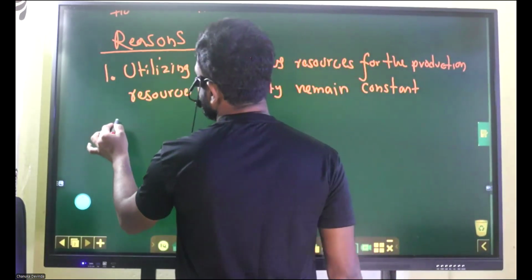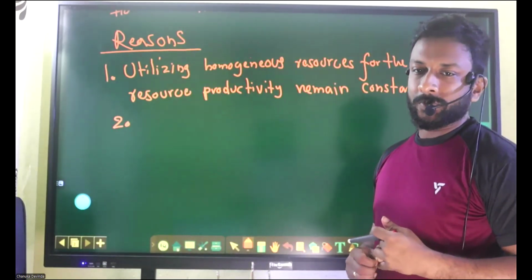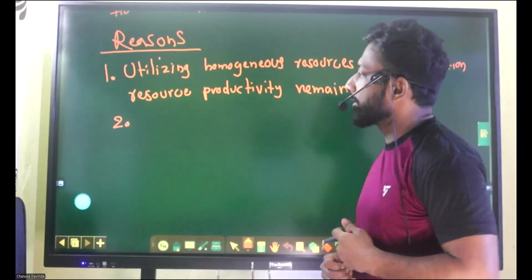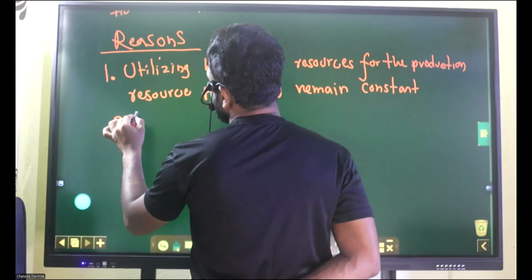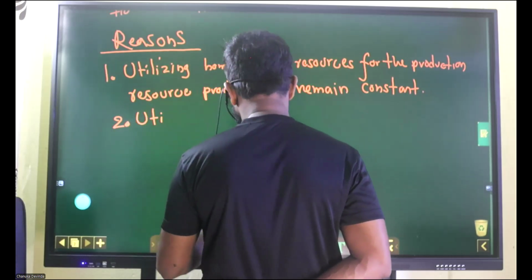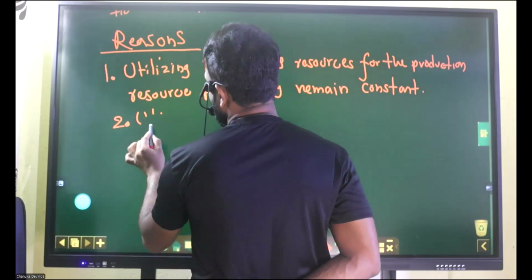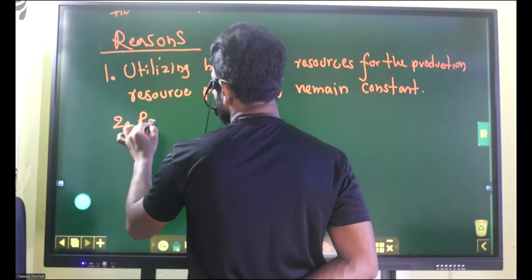Second one. The second reason for the constant opportunity cost is resource efficiency.